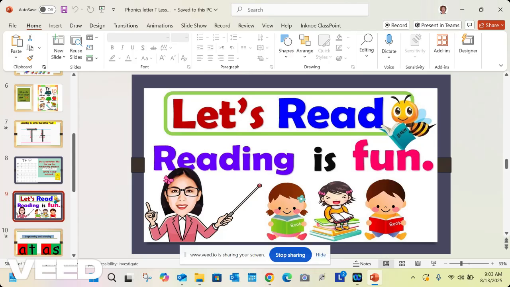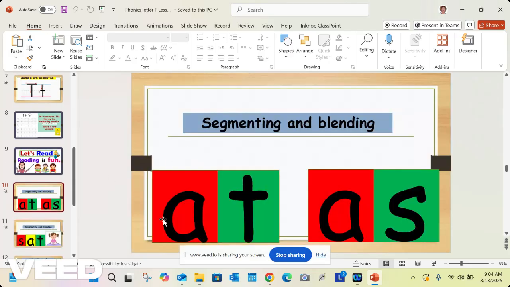Let's read, and reading is fun. Wow, we are starting to read some short words. Okay, on our lesson number 3. Wow, this is great. Let's see the words that we have. Okay, so we have this color.